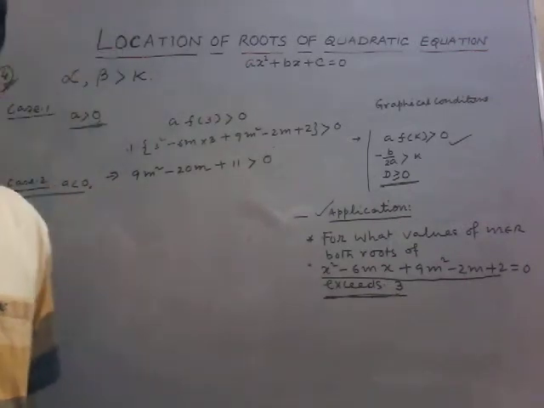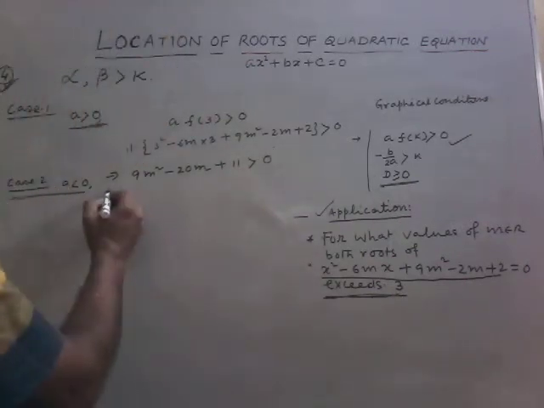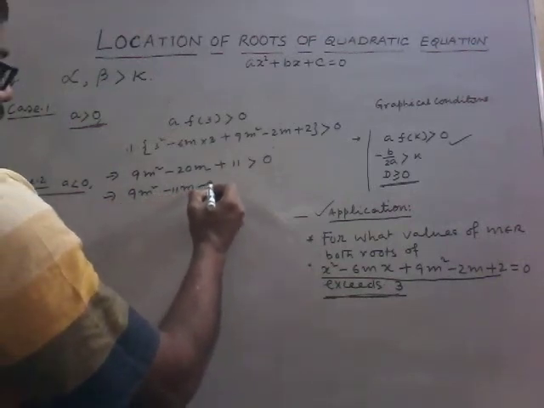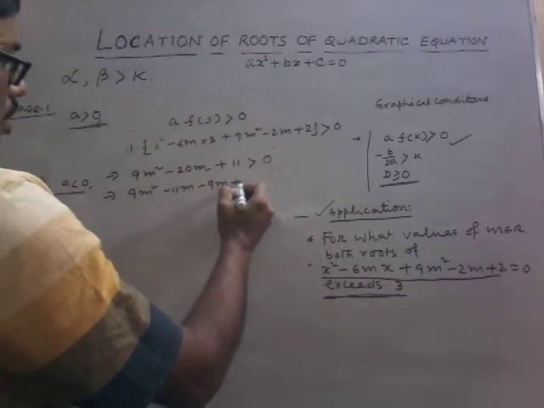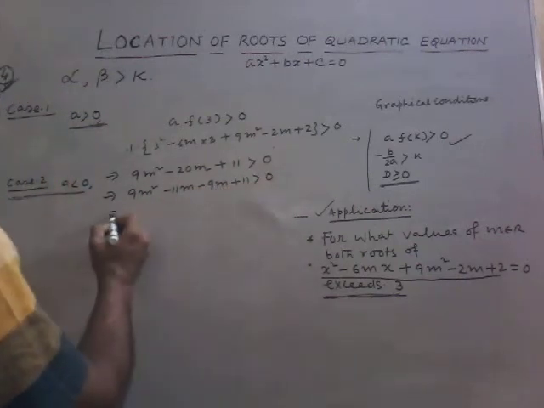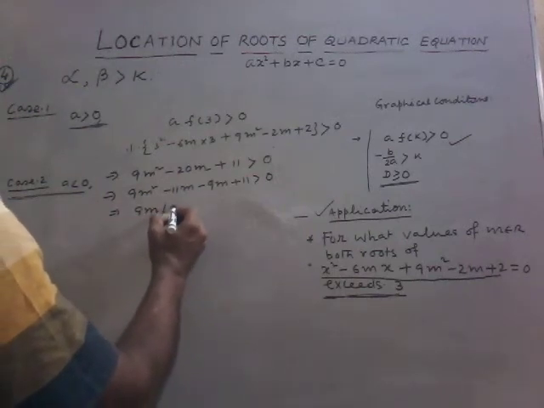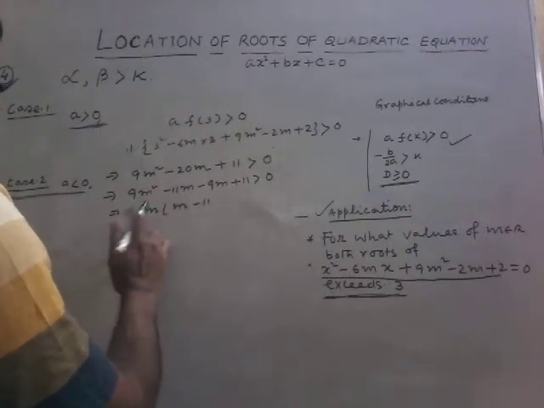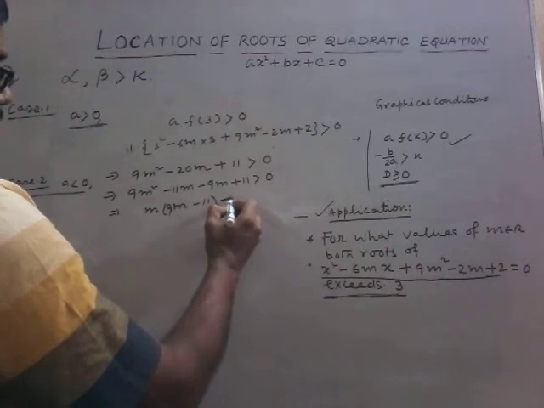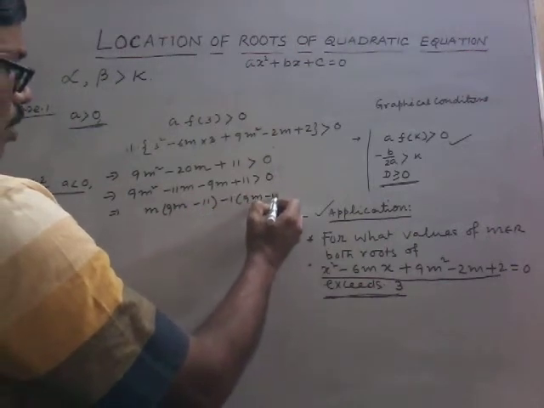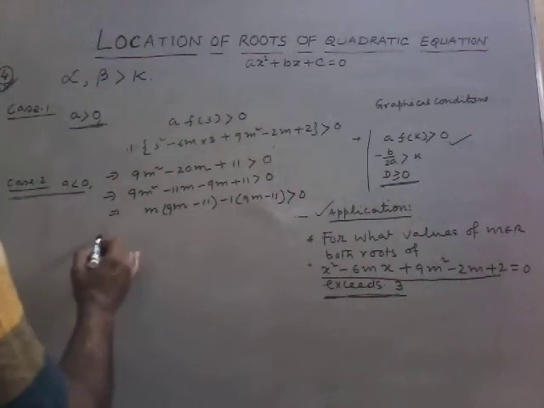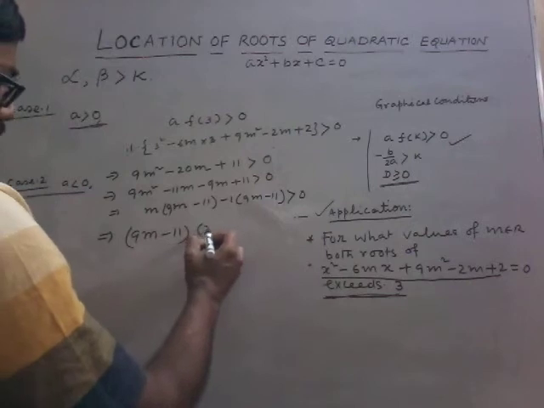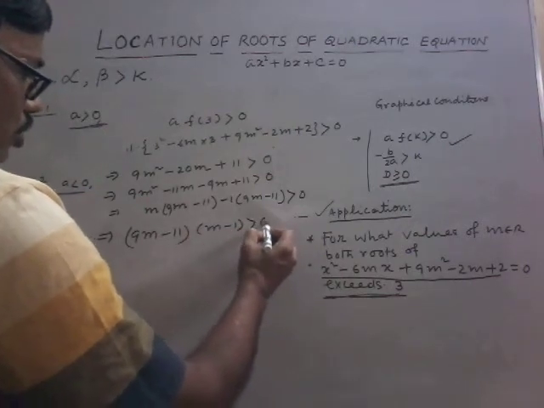Now factorize it. So 9m square minus 11m minus 9m plus 11 greater than 0. So m common, 9m minus 11, minus 1 common, 9m minus 11 greater than 0. So we get (9m minus 11)(m minus 1) greater than 0.